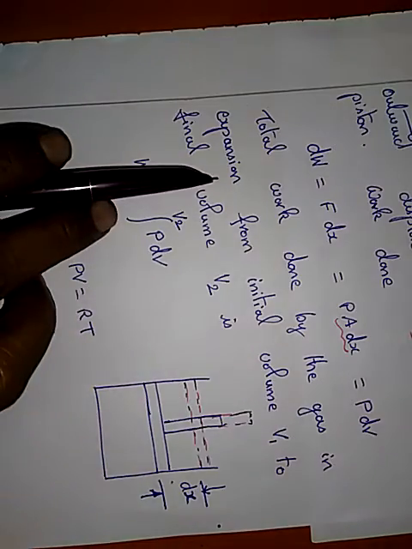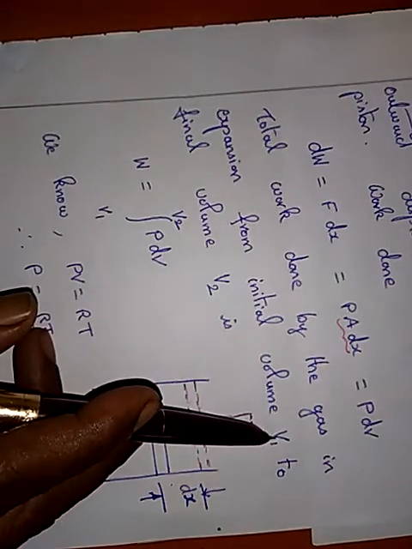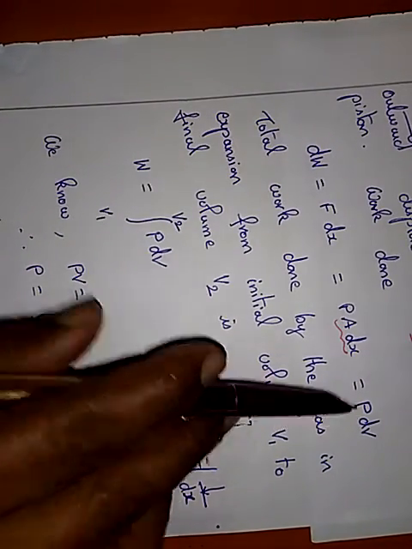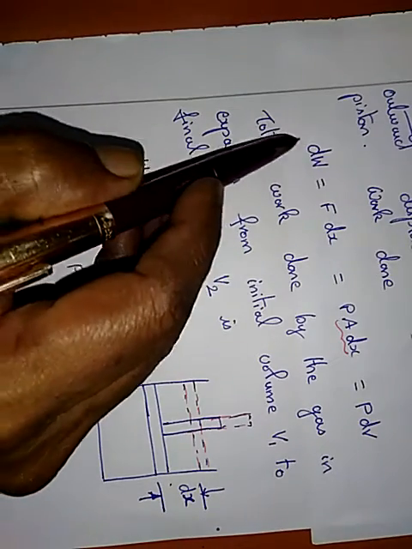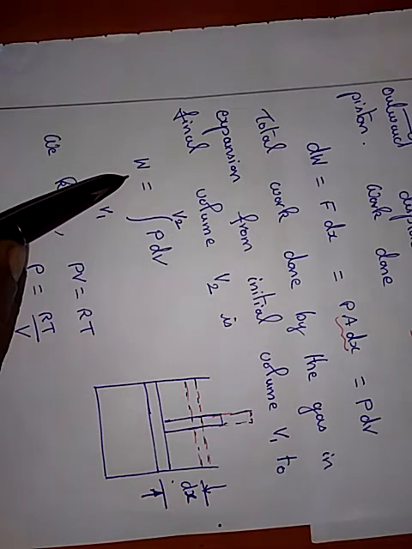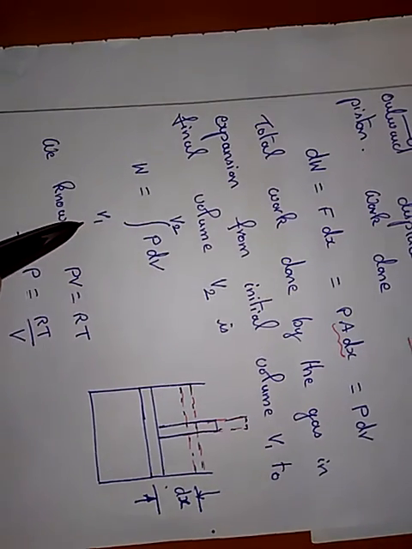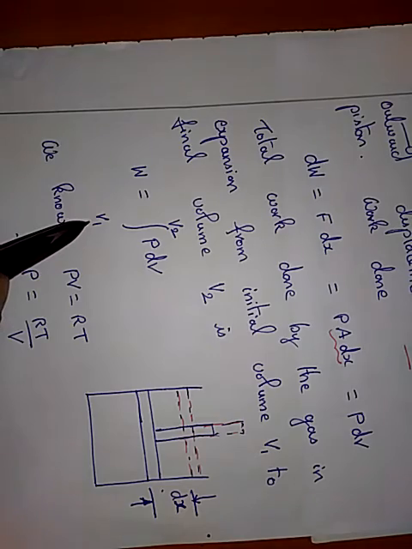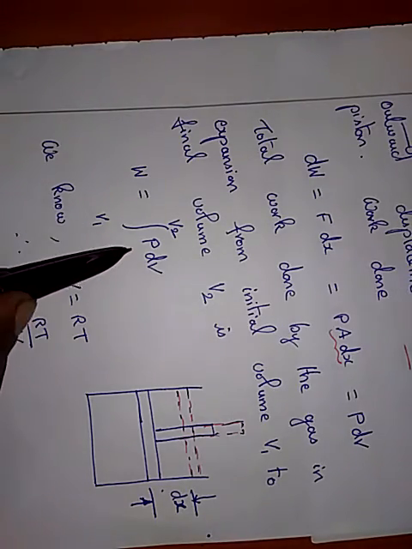Okay. Total work done by the gas in expansion from initial volume V1 to final volume V2, then we have to integrate this equation. So when you integrate this, integration of dW will become W, total work done, and we carry out the integration from the upper limit, final volume V2, and the lower limit, initial volume V1, P into dV.